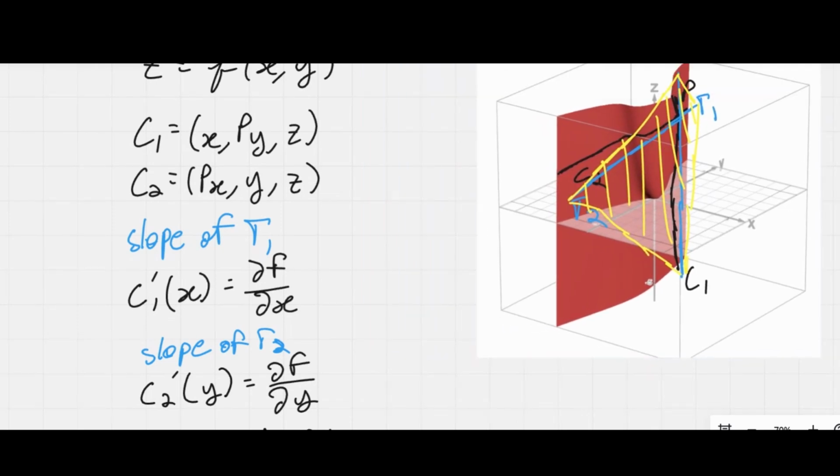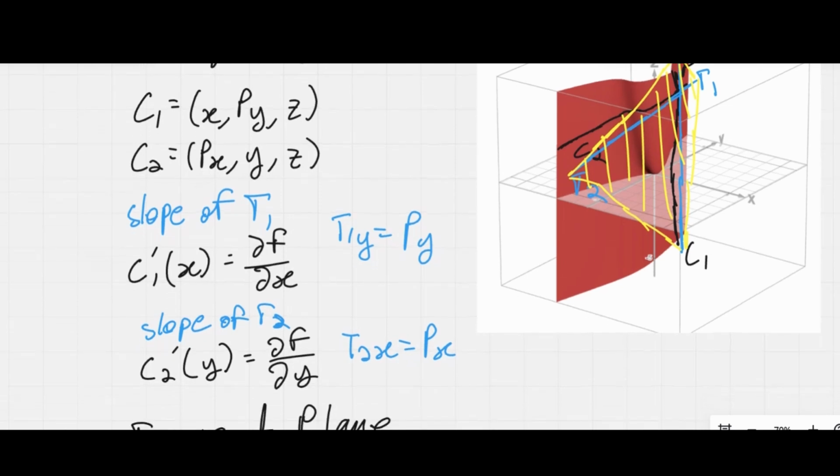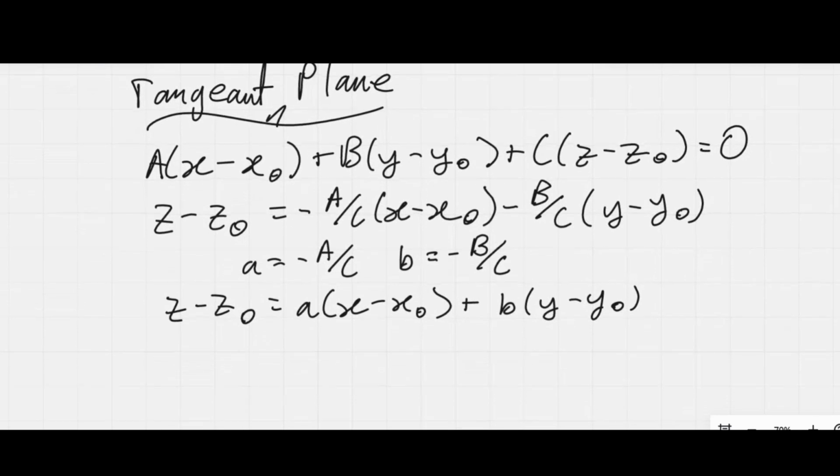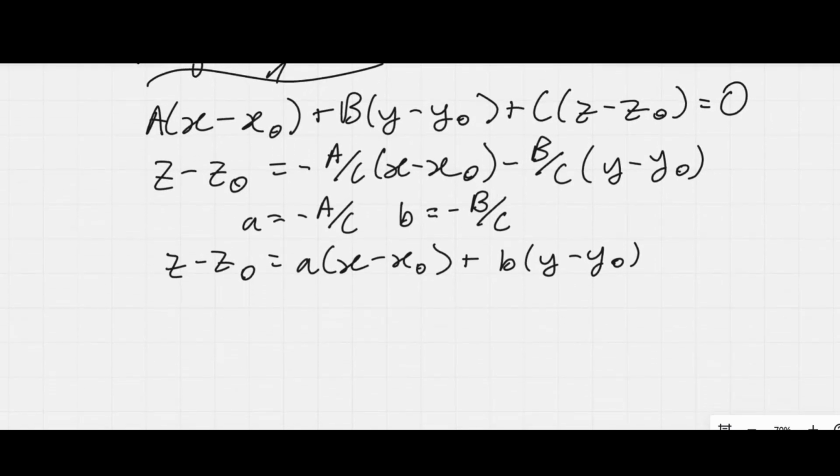So we have this idea that the y-coordinate of t1, let me do this in a different color, is going to be equal to p sub y. And the x-coordinate of t2 is going to be entirely composed of the x-coordinate of point P. So given these two ideas, we can find both t1 and t2 using our equation of a tangent plane that we've described at the bottom over there.